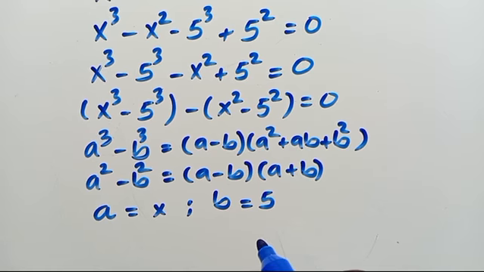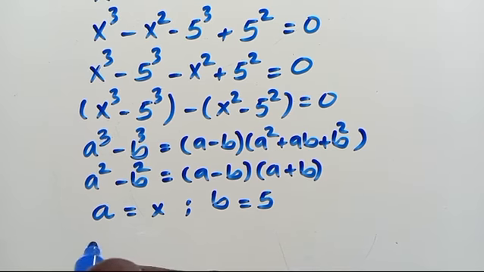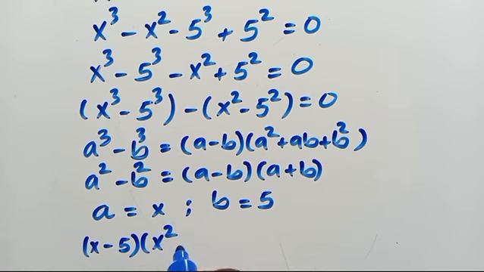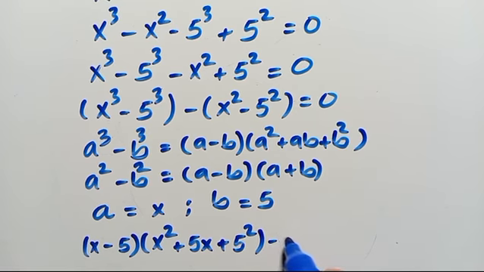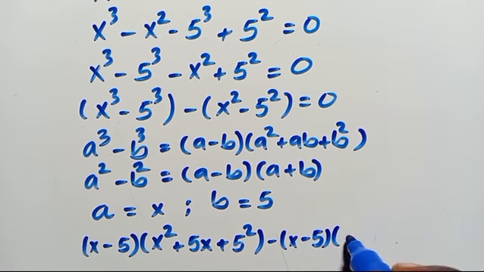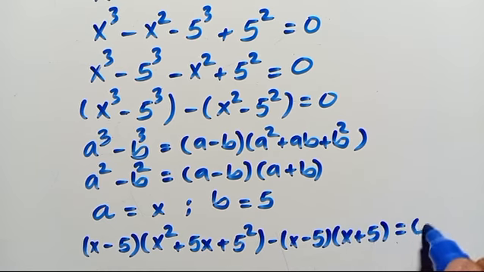So we are going to have this as x minus 5 times x squared plus 5x plus 5 squared for this. Then minus x minus 5 times x plus 5, then all equals 0.